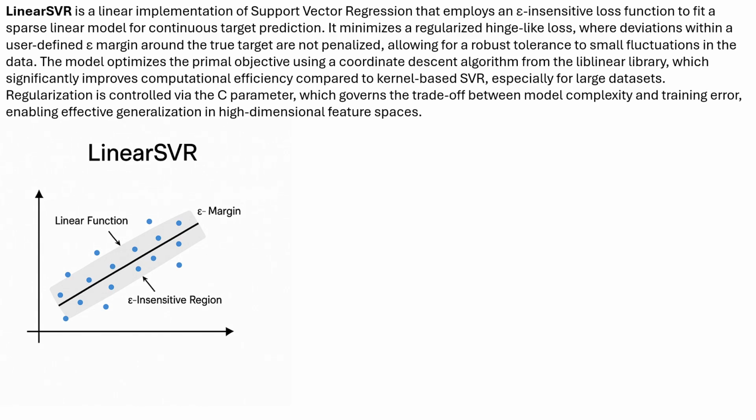It solves the optimization problem using a coordinate descent algorithm from the liblinear library, allowing it to scale efficiently to large datasets. The regularization strength is controlled by the hyperparameter C, balancing the model's generalization against fitting accuracy. This makes LinearSVR a very powerful tool for continuous output prediction in high-dimensional feature spaces.